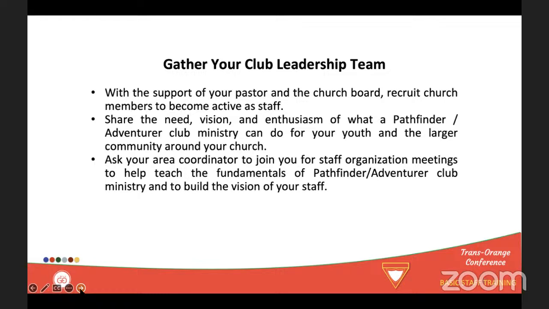They are able to stand in front of the people and present, such that even when they go to school and they are asked to stand in front of the class, it's not something that is scary because they are used to standing in front of a larger group. So there are a lot of benefits that come with having these clubs besides just spiritual growth. We are moving on to the next slide.